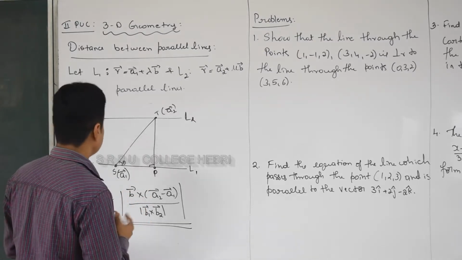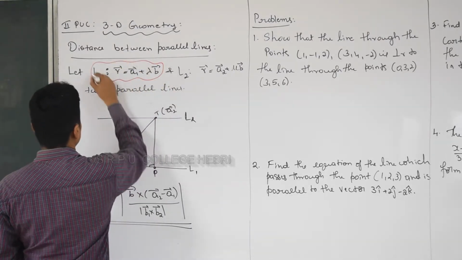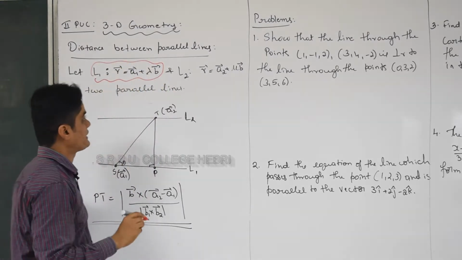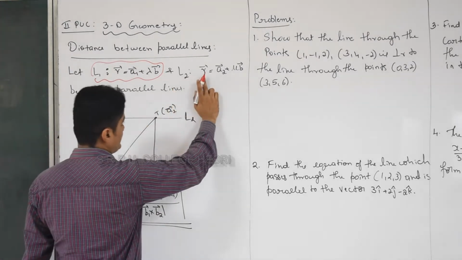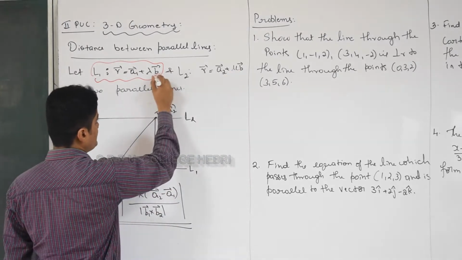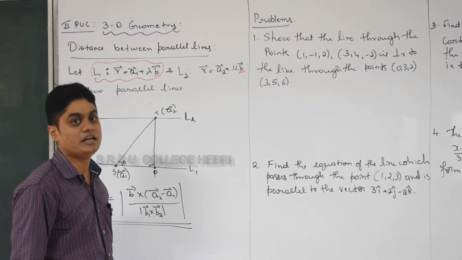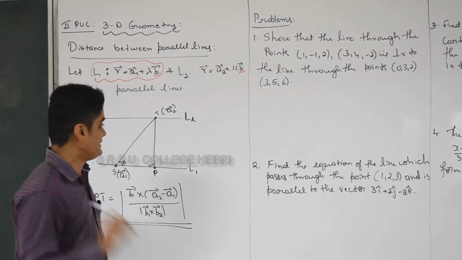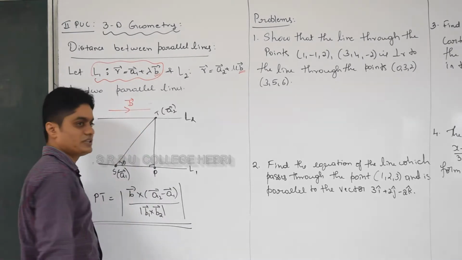Consider two straight lines. L1 is vector r equals vector a1 plus lambda times vector b, and L2 is vector r equals vector a2 plus mu times vector b. Now observe carefully. I am not taking skew lines; I am taking parallel lines. Since the two lines are parallel, it is enough to take one vector parallel to the line.